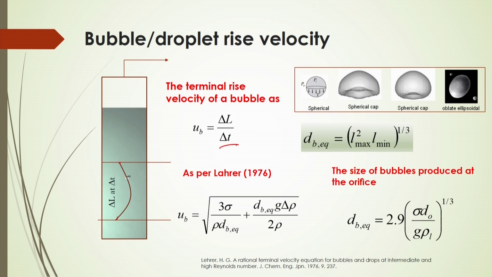But if you produce smaller bubbles, their buoyancy effect will be low, and because of which the terminal velocity will be very low. So in this case you can expect that the bubbles will reside a longer time in the column. In that case the retention time or residence time of the bubbles will be more than earlier.